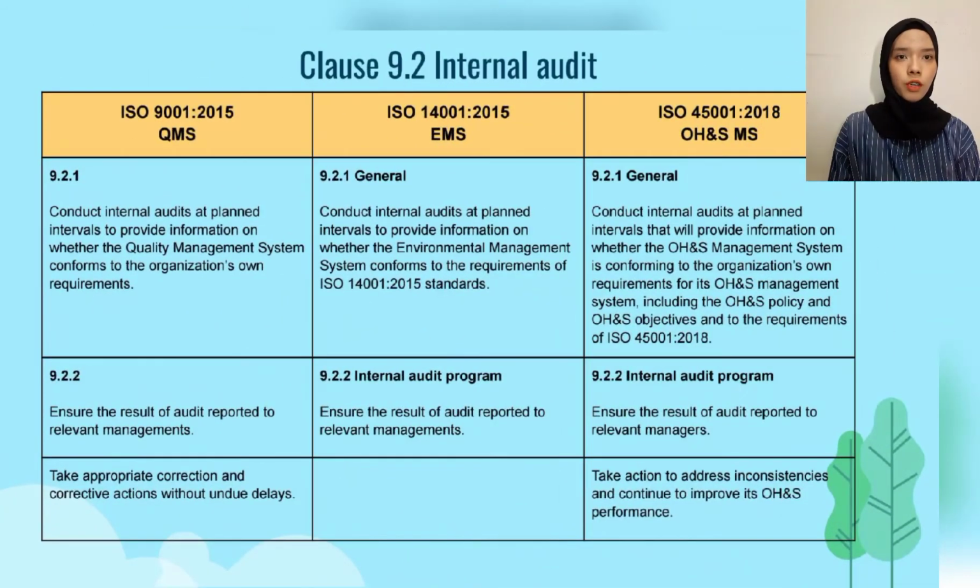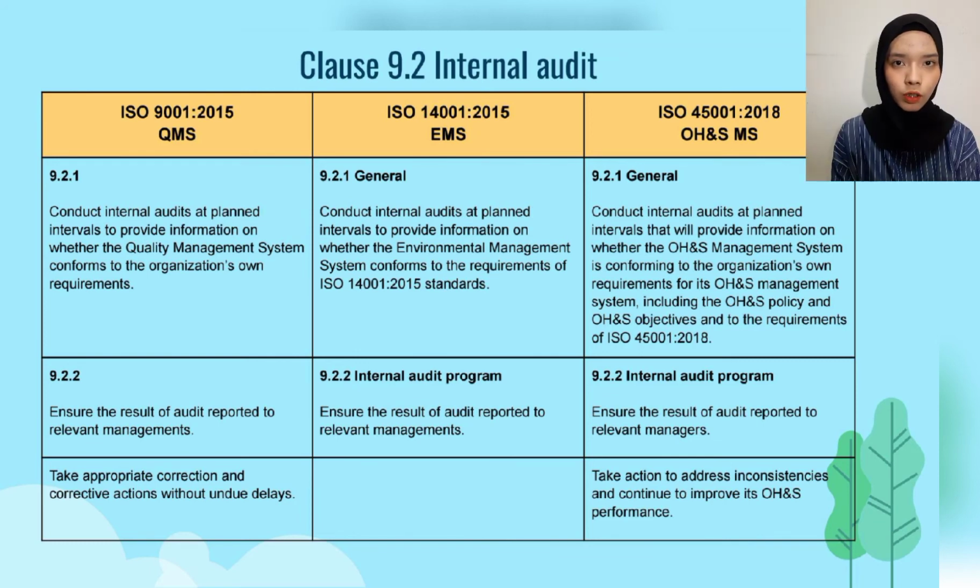Internal audit for ISO 9001, which is to conduct the internal audit at planned intervals to provide information on whether the quality management system conforms to the organization's own requirements. And for ISO 14001, for 9.2.1 general, conduct internal audits at planned intervals to provide information on whether the environmental management system conforms to the requirements.